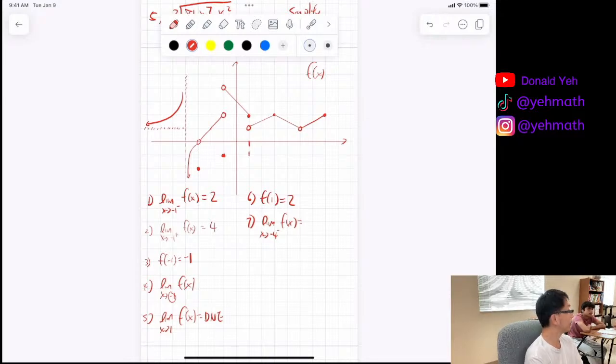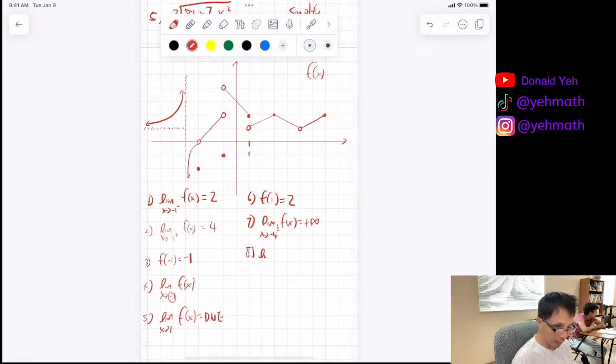Nope. Omar? -3. You're on the right track, but no. Laxmi, what do you say? Positive infinity. Positive infinity is good, because this is an asymptote. If it goes to the asymptote, it has to go straight up. So it's positive infinity. Now, why is it not negative infinity? Because we are approaching -4 from the left side. Oh, okay. I thought it was on the bottom. No, because there's a negative sign here. Yes, from the left side, it's positive infinity.